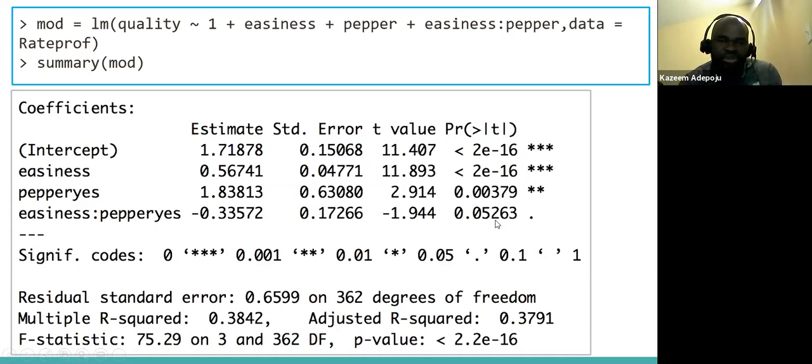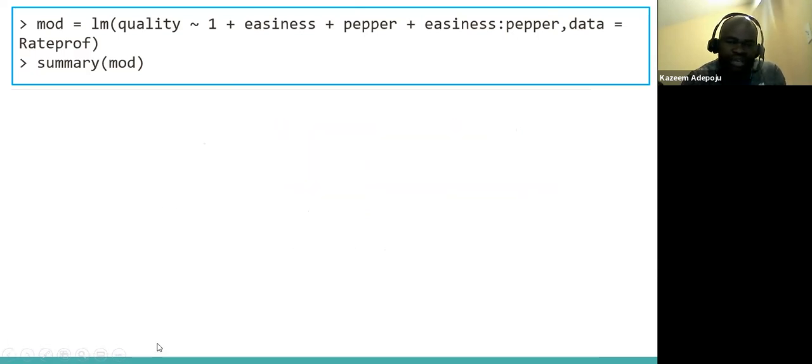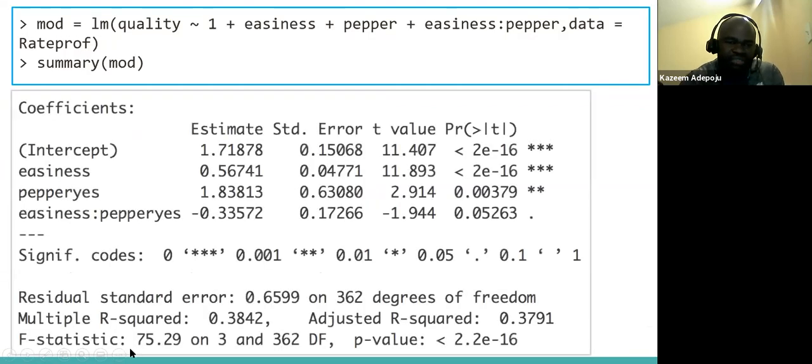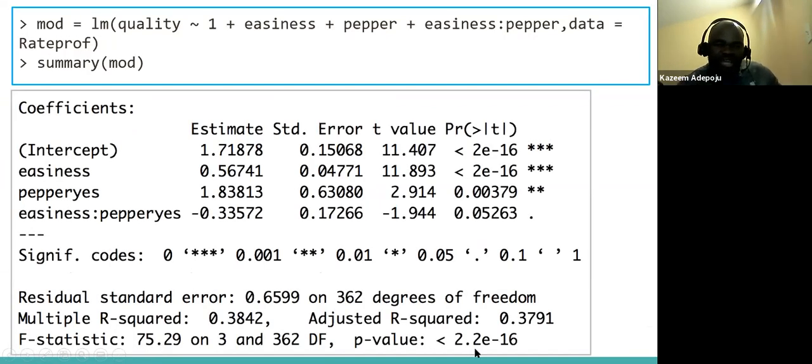And you know what? If you want to look at the significance of the overall model, this is the F statistic for that. The 75.29 that we have right here, we use this formula here to figure that out. That is the value we have here, and what I have here is the corresponding p-value.